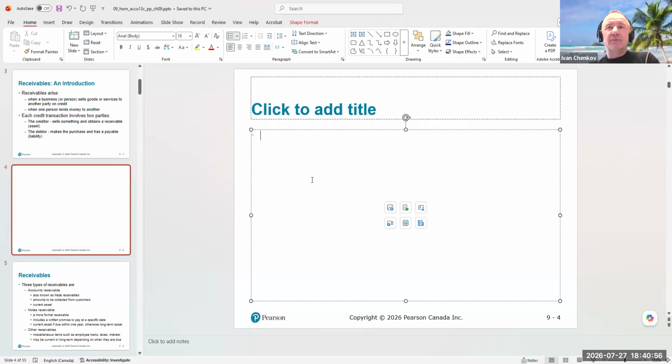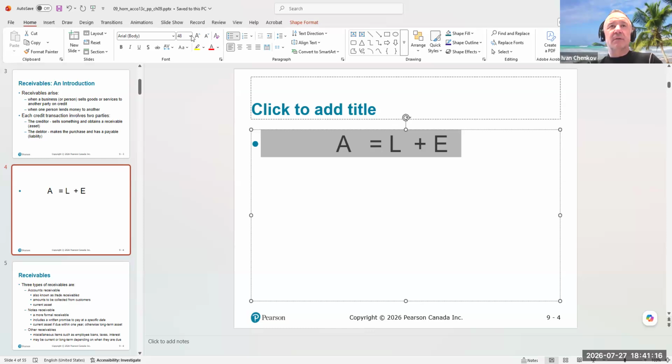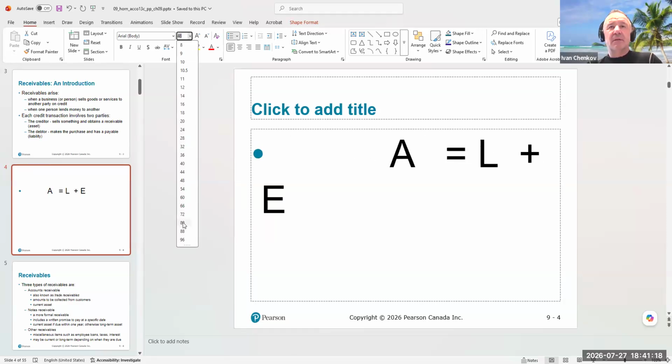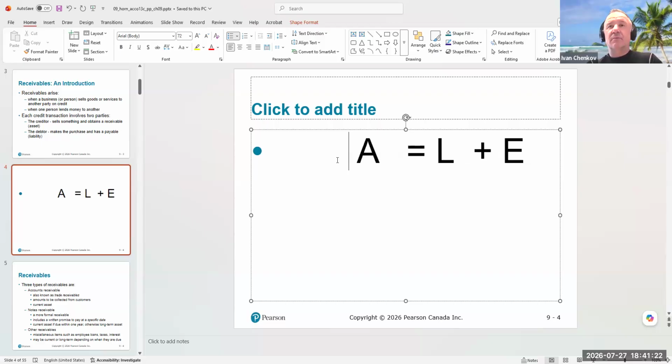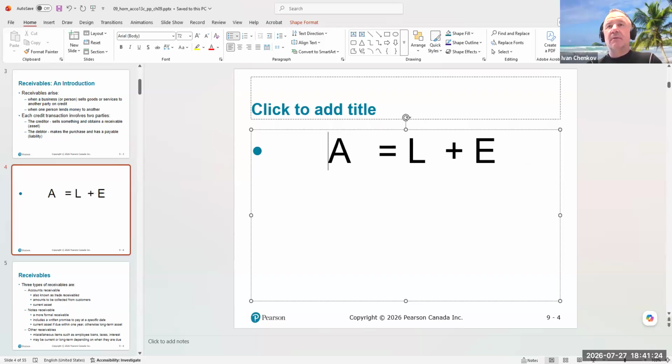Let's remind ourselves what the basic accounting equation was. The basic accounting equation, if you still remember, was assets are equal to liability plus equity. Now, what kind of assets we're going to have and what kind of liability, we're going to go with that a little bit later. But now let's focus on this accounting equation. Assets equal liability and equity.